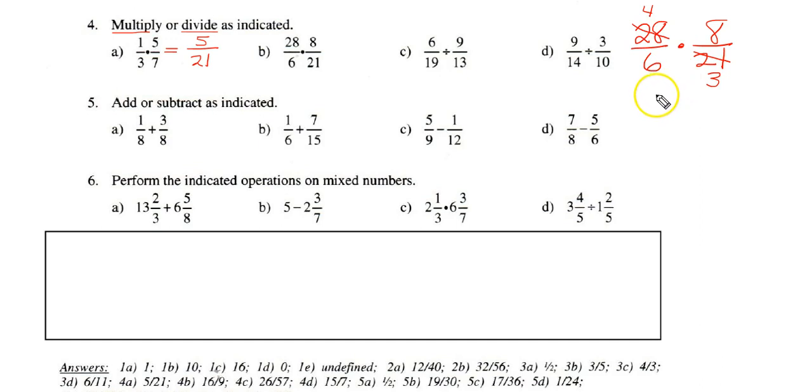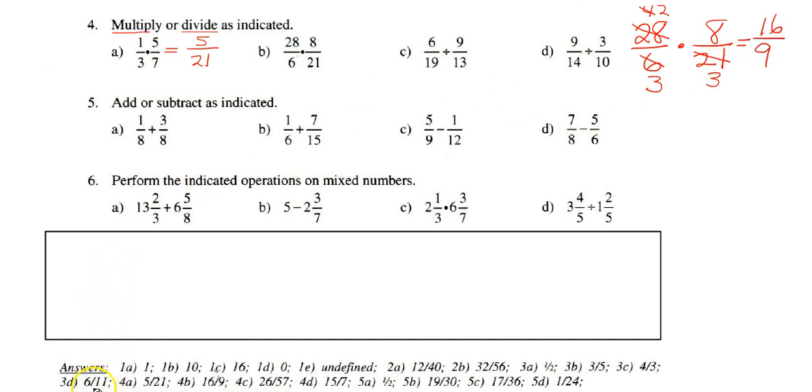All right. Now I can take a 2 out of 4. That gives me a 2. A 2 out of 3, and that gives me a 6. Now notice I can't do any more canceling. So this is going to give me a 16 over 9.